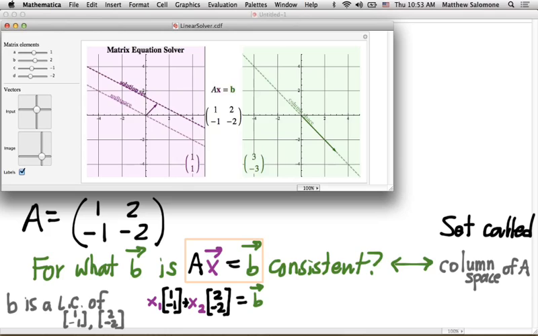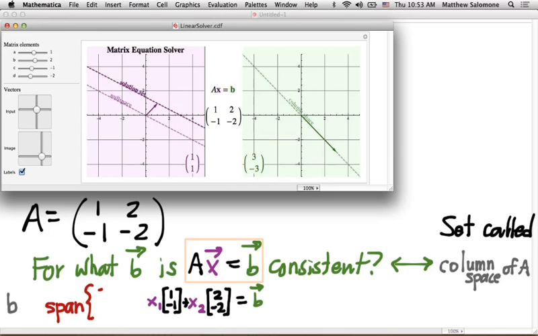And just to bring our earlier vocabulary back into it, if b is a linear combination of the columns of this matrix, how can I rephrase this statement using the word span? b is within the span of (1, -1) and (2, -2).